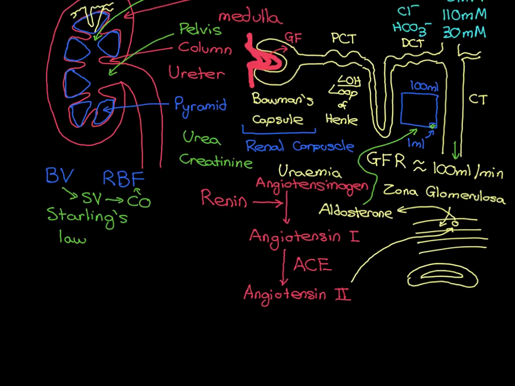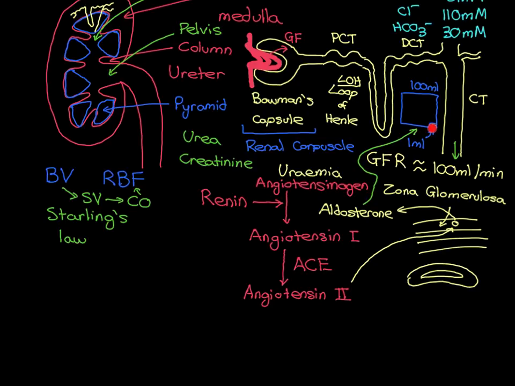Now, aldosterone is going to influence the actual volume of fluid that we're going to make into urine. It's going to influence the fraction of the glomerular filtrate that we make into urine. So this was the archetypal example that we take 1 milliliter out of the 100 milliliters, i.e. 1% of the fluid, and make that into urine. But this is changeable.